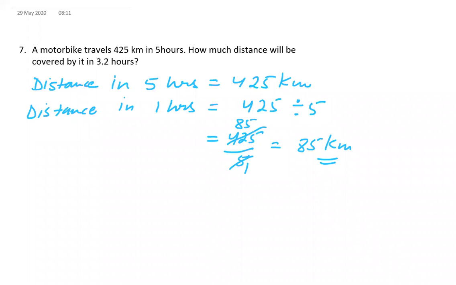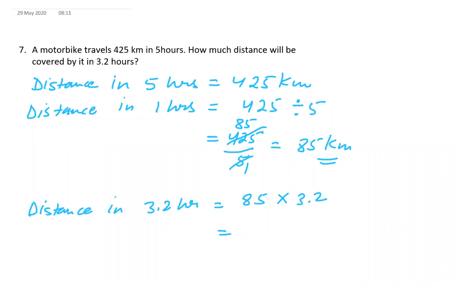So the question is saying how much distance will be covered by it in 3.2 hours. So distance in 3.2 hours: distance in 1 hour is 85, multiplied by 3.2.